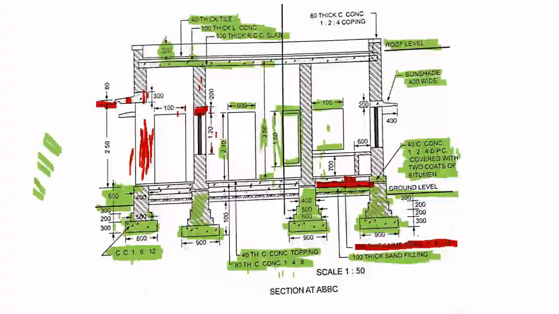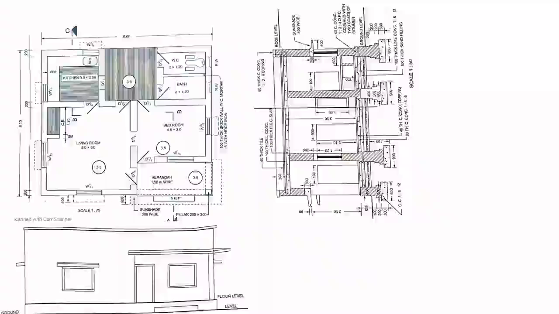You will have a parapet wall, and above this, lastly, you have 80 mm thick cement concrete 1:2:4 coping in order to protect your wall. This drawing is drawn in a scale of 1:50. You can draw according to your convenience. You can select the scale.